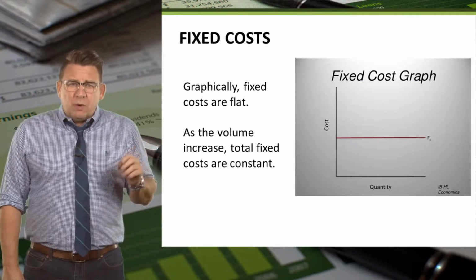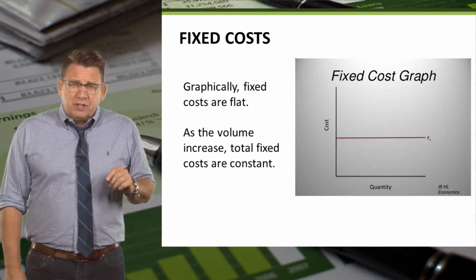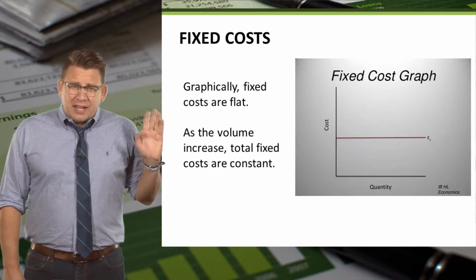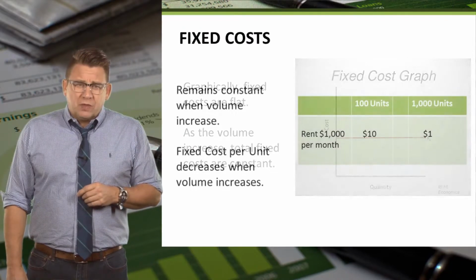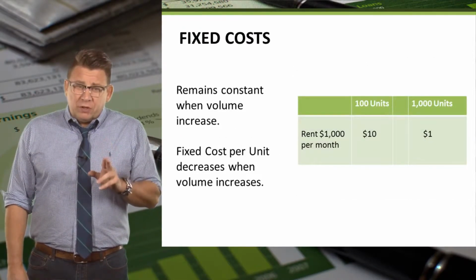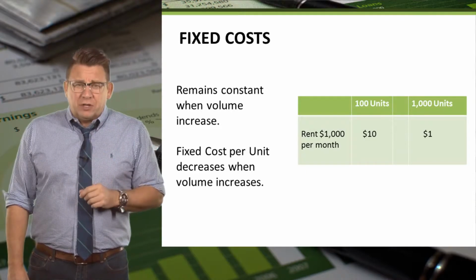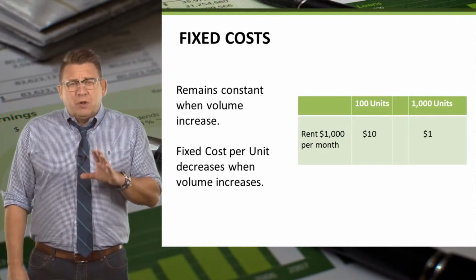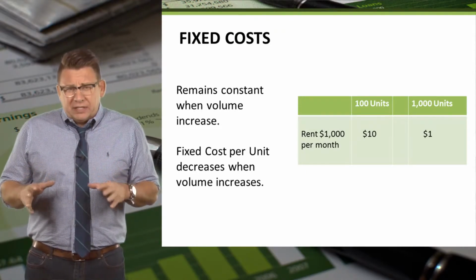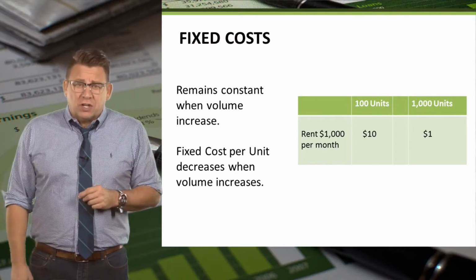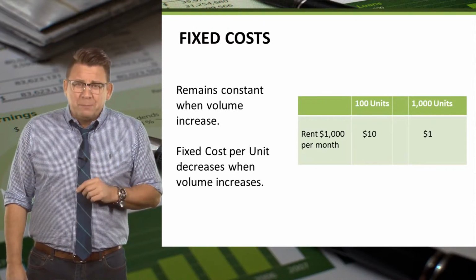Now, let's look at what fixed costs look like when it's graphed. The movement is flat as volume increases. However, fixed costs per unit change as volume increases. For example, McDonald's may rent a building, and let's say the cost to do that is $1,000 per month.